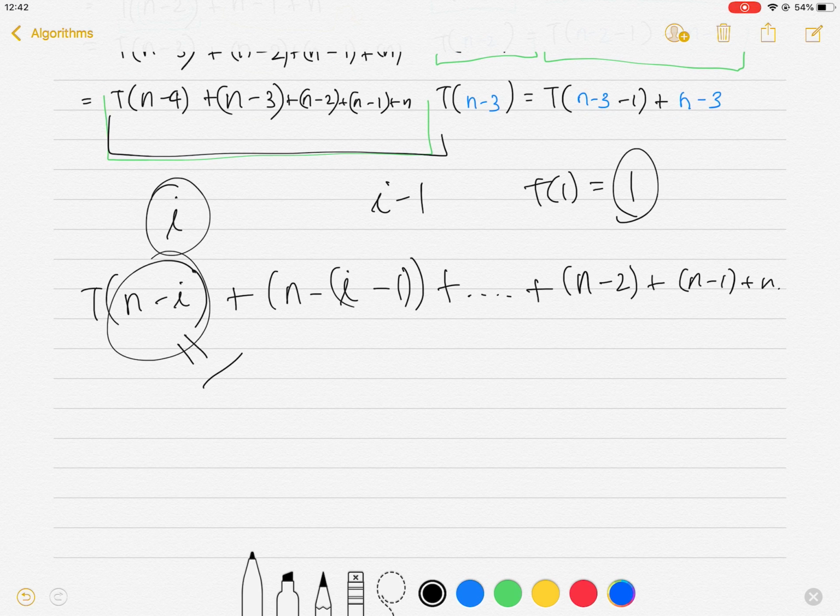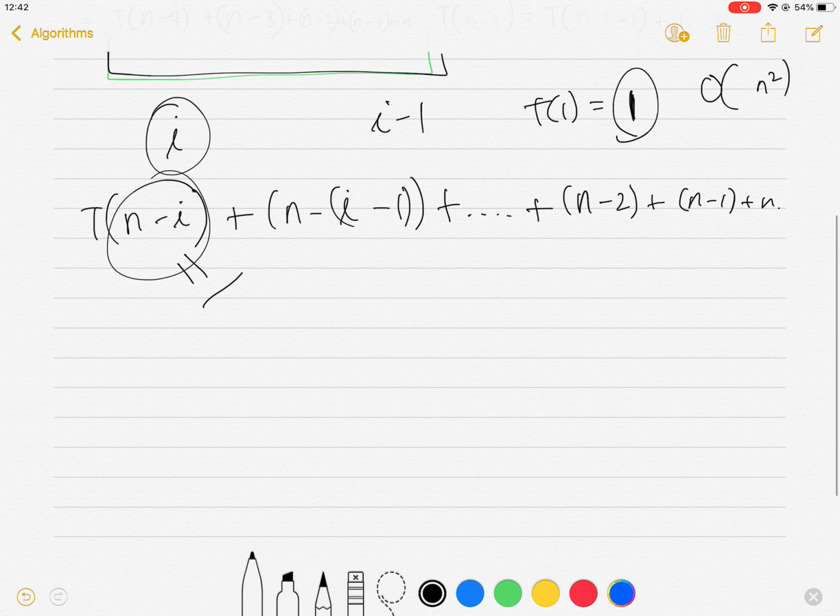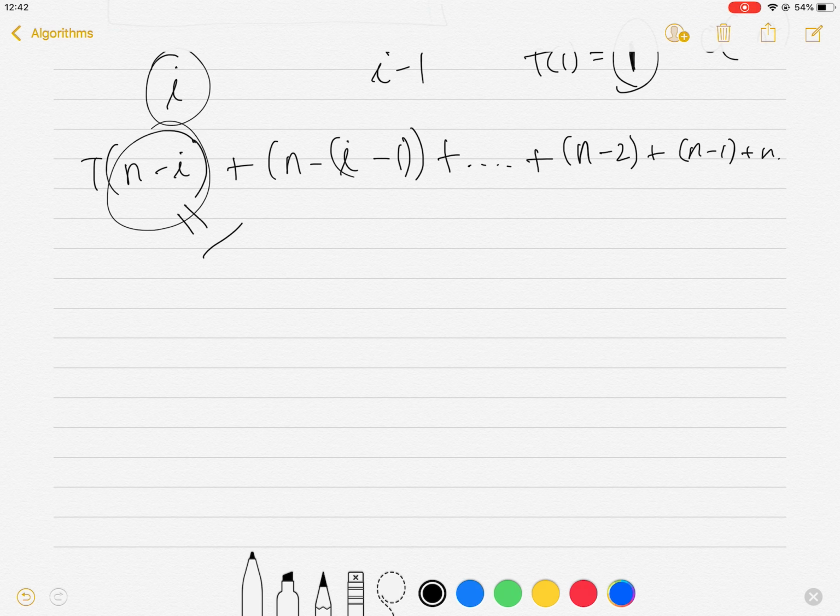It's just a constant, and when we do a big O later, all the constants just get stripped out. So we'll just be using 1 for this example. So n minus i should equal 1, and we need to get a solution for i, so we'll solve this for i. So i is equal to n minus 1.